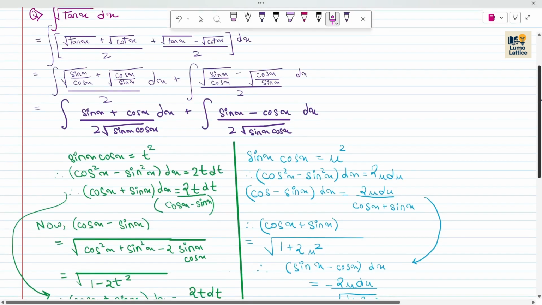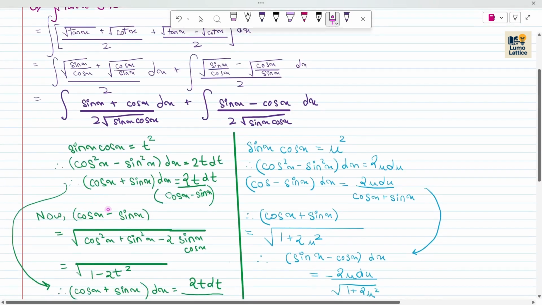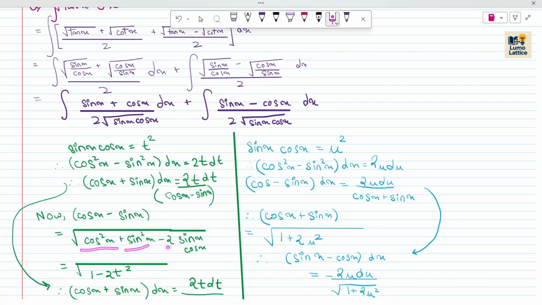Now we can write cos x minus sin x as root over cos square x plus sin square x minus 2 sin x cos x. This is the simple formula of a minus b equals root over a square plus b square minus 2ab. We do the same thing for the other side, but on this side we write a plus b equals root over a square plus b square plus 2ab.